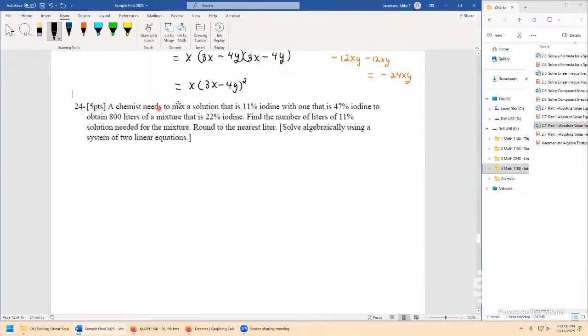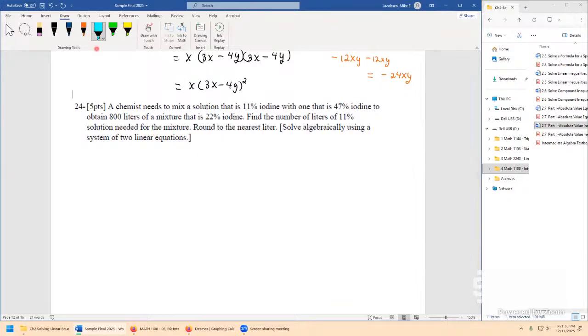We have a chemist who needs to mix a solution at 11% iodine with one that's at 47% iodine to come up with 800 liters of a mixture now at 22% pure iodine concentration. Our goal is to find the number of liters of the 11% solution needed for the mixture. So we're only looking for one quantity on this one.